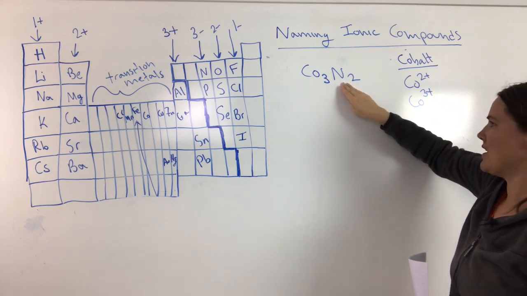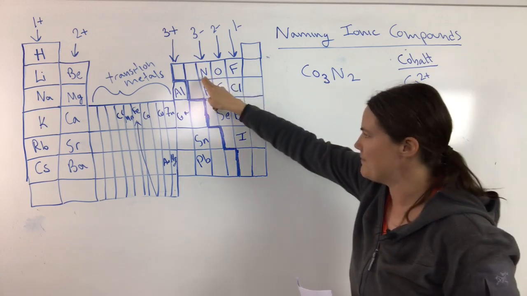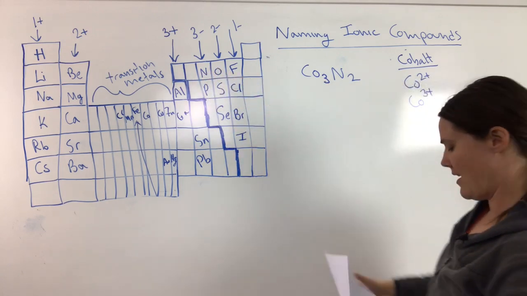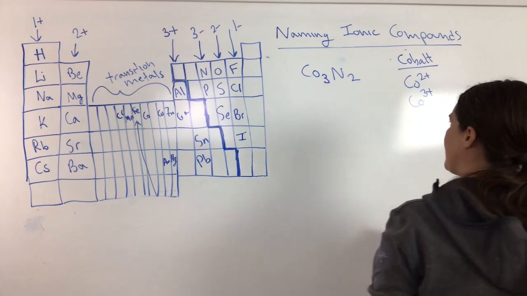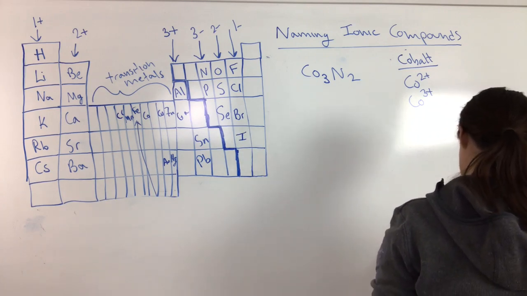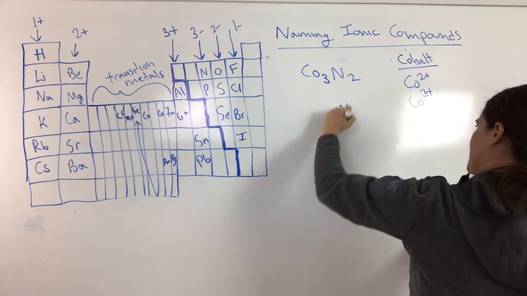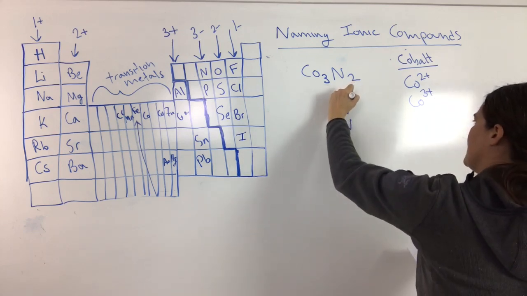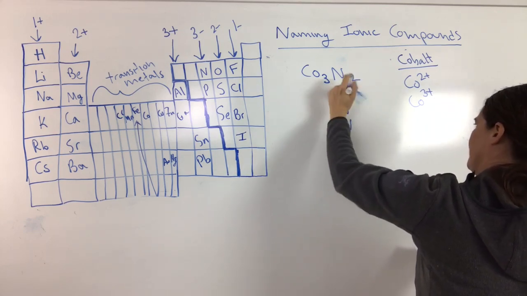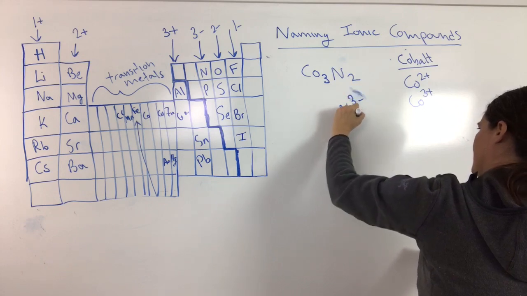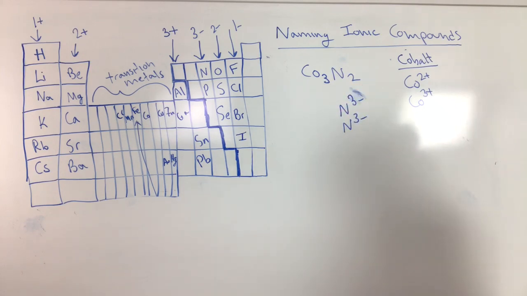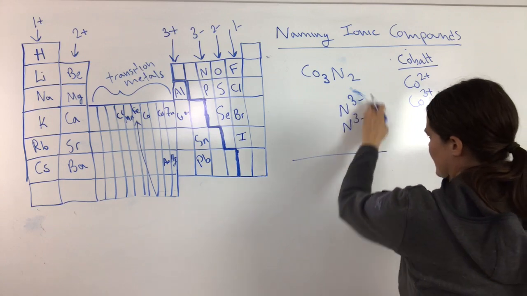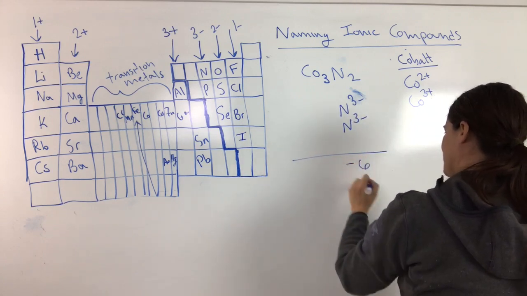what we know. So we know that nitrogen will form a -3 ion. We know that we have 2 nitrogens, so we write down the 2 nitrogens. We know that they form a 3- ion. So if we add these 2 nitrogens up, we have a -6 here.